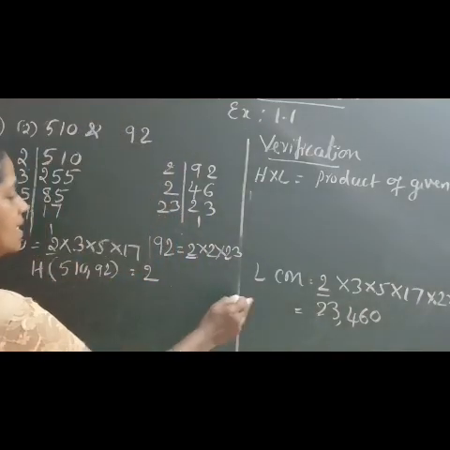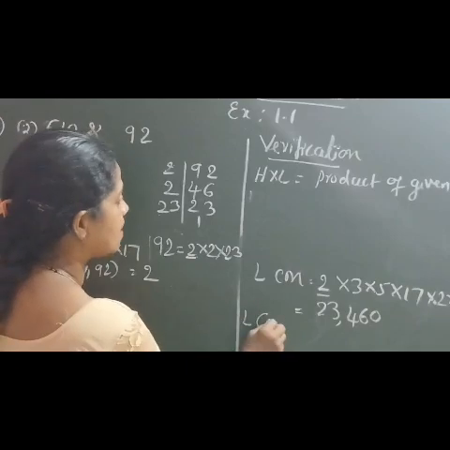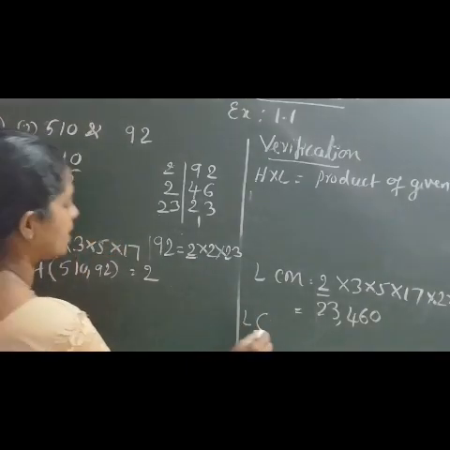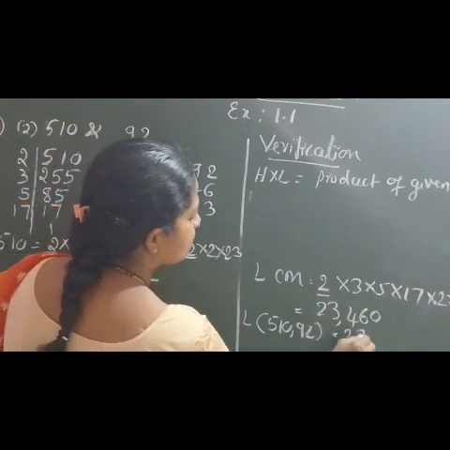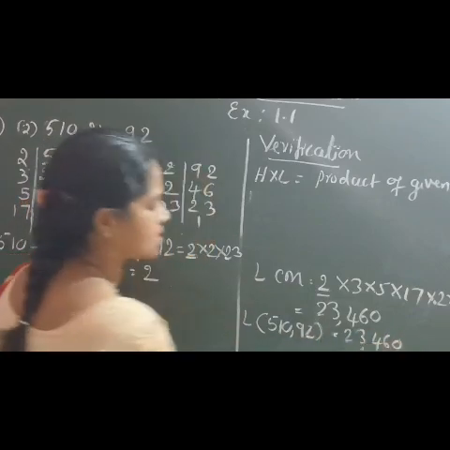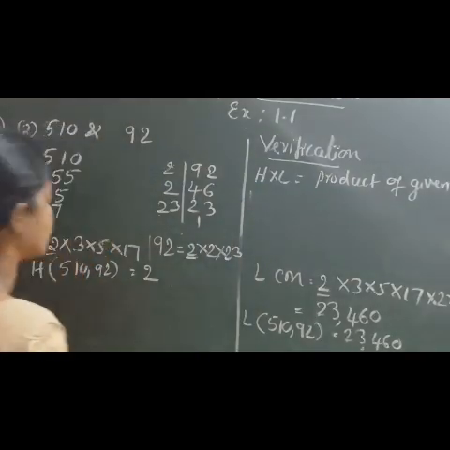So finally, the LCM of the numbers 510 and 92 is equal to 23,460. Then the verification.